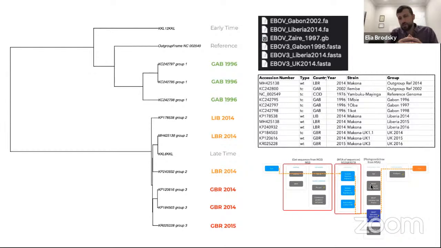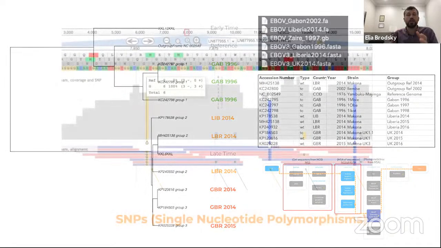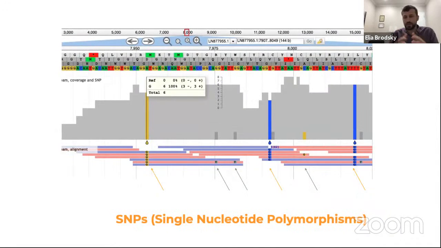Sometimes we're not interested in the relationship itself, but we are interested in a particular change, a polymorphism in the case of a population, or a variant in the case of a specific genome, and that mutation or change can characterize a particular group of samples, or an individual sample.